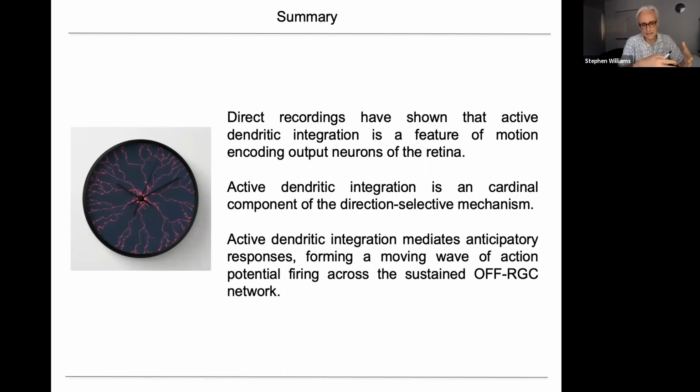I guess the question is, is there any morphological characteristic of a cell that's bearing active dendritic integration? I don't think so, other than to say that these larger off-alpha ganglion cells have a dendritic arbor that's 1.2 millimeters across.